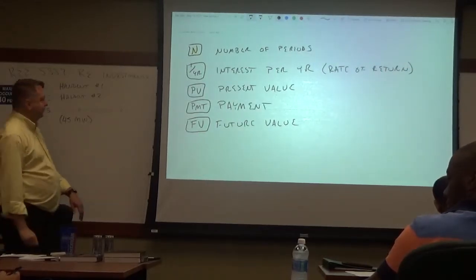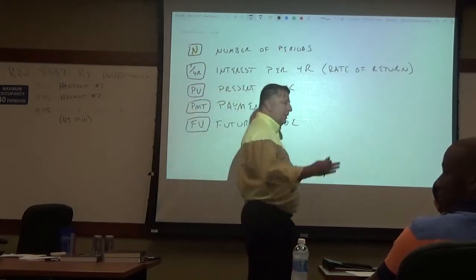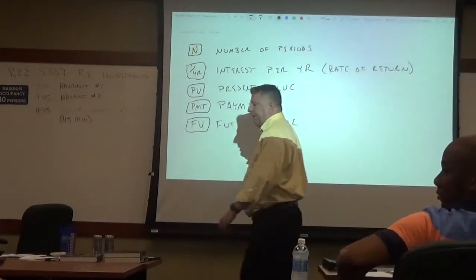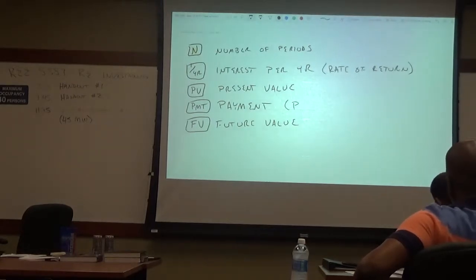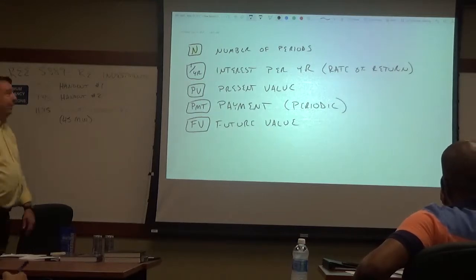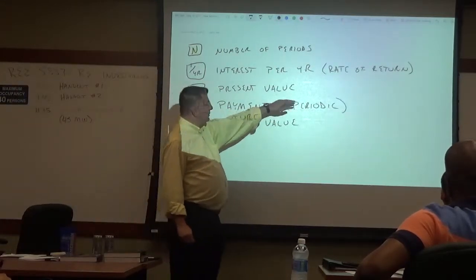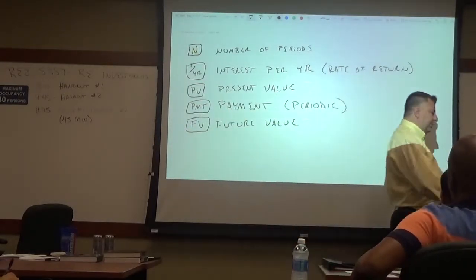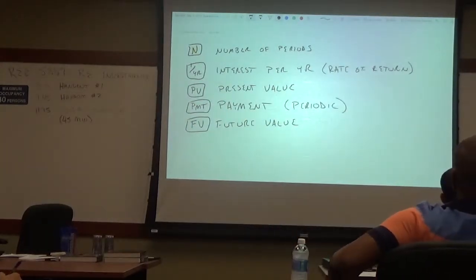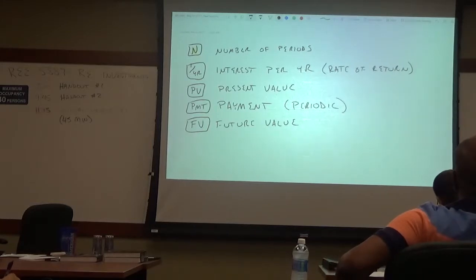And then finally, we have the payment. This is typically what is also referred to as a periodic payment. Again, notice the verbiage: periodic, periods. Typically, this refers to something that occurs regularly.